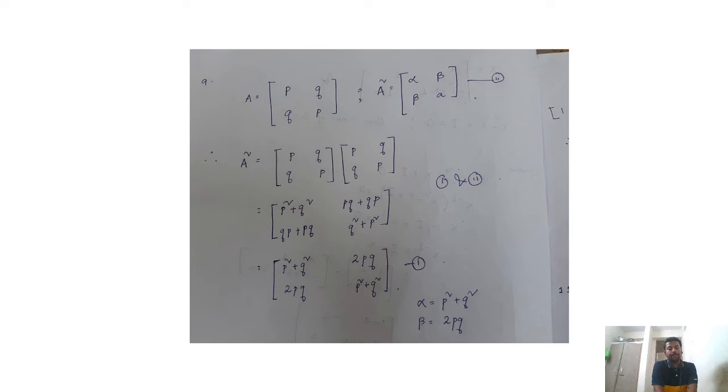Similarly, the component a12 of A square in equation 1 is equal to the component a12 of A square in equation number 2. Thus, beta equals 2PQ. Thus we have expressed alpha and beta in terms of P and Q.